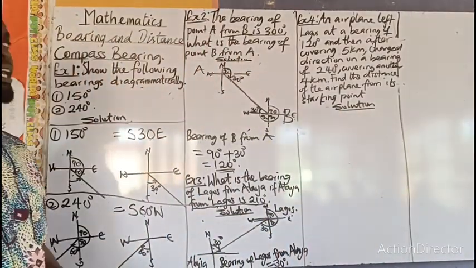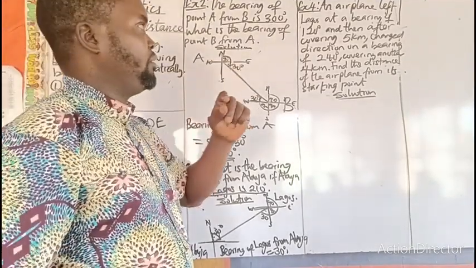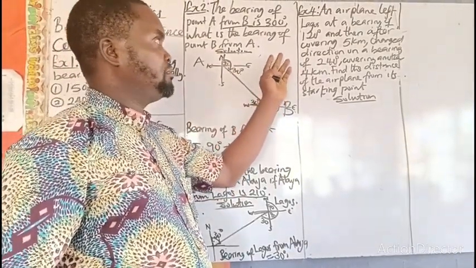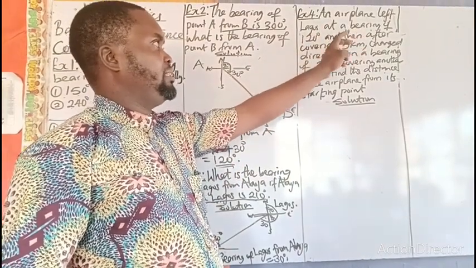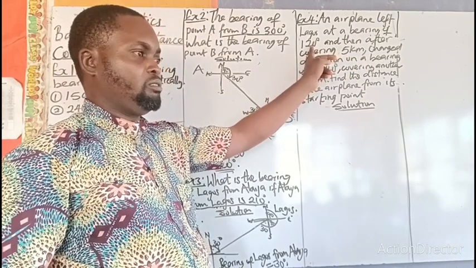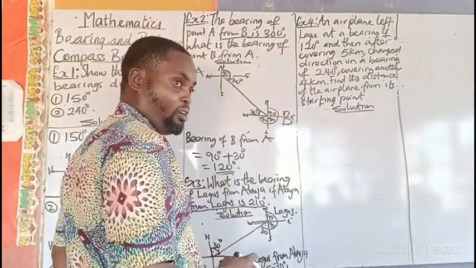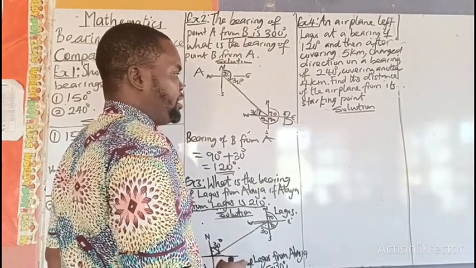Now, let's interpret what we have just written. An airplane left Lagos at a bearing of what? 120 degrees. Now, Lagos. So we first draw Lagos. 120 degrees, where would that be?